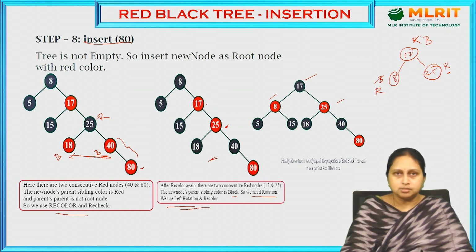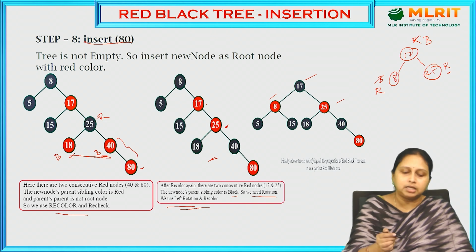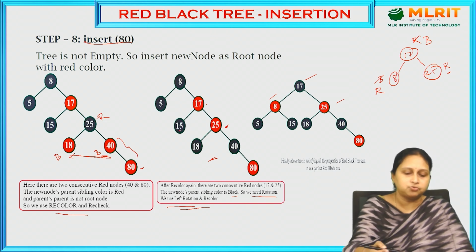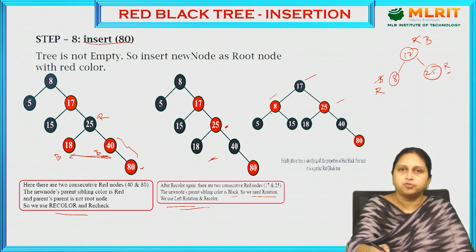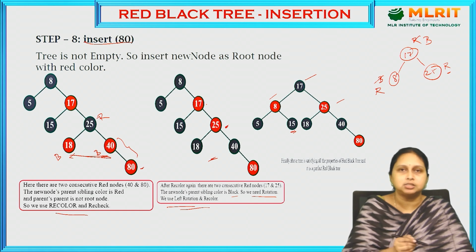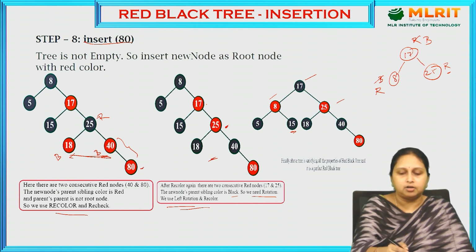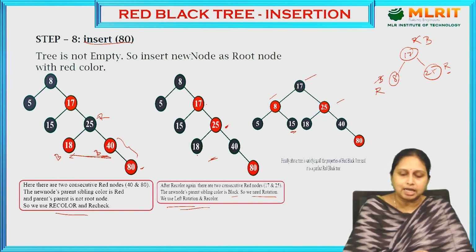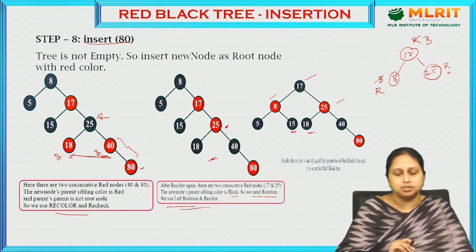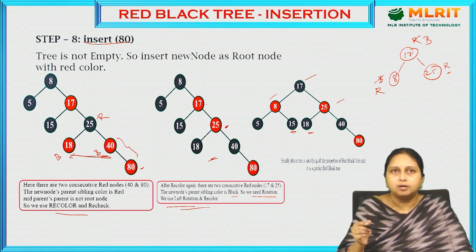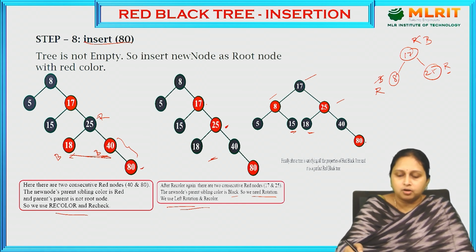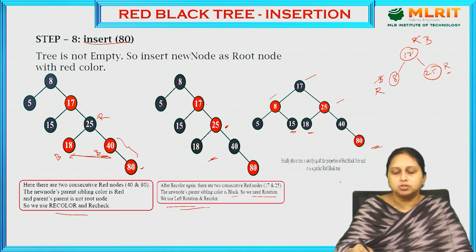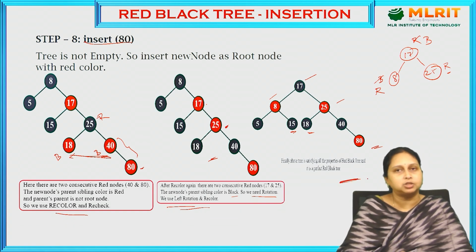Now place the remaining elements. 17's left would be 15, but we don't have a place for 15 here, so we place it as the right of 8. 25's left is 18, which stays as it is. Then we have 40 and 80, and you don't have any conflict. So this is a perfect red black tree that has been constructed.